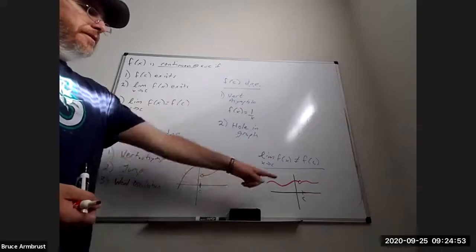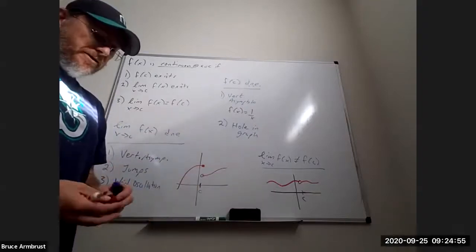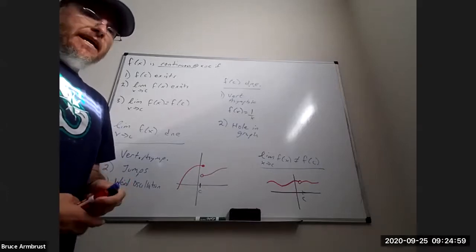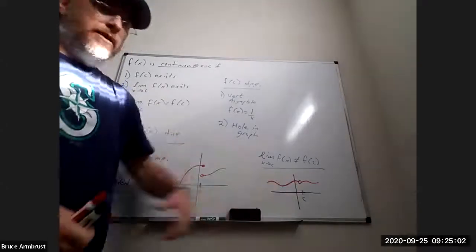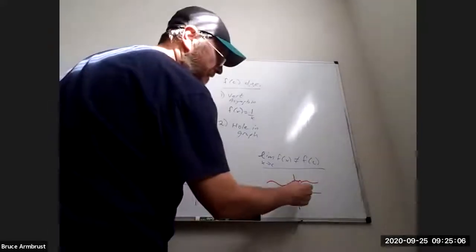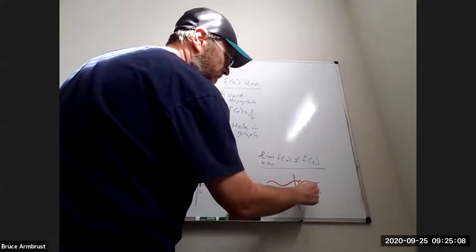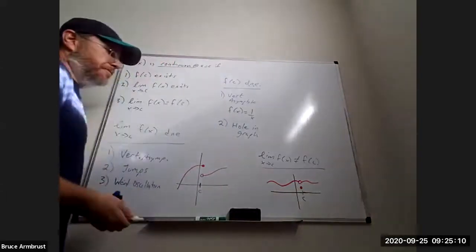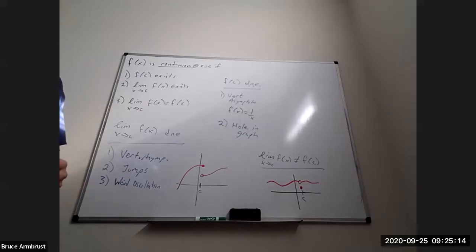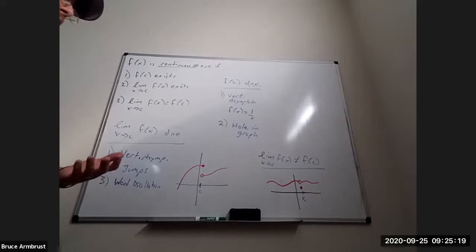But we also need the function to actually exist there, which means there has to be a dot when x equals c. It's just I can't have that dot be at this hole. That dot would just have to be somewhere else. So I don't know, something like that. So this is what that kind of discontinuity would look like, where there is a hole in the graph, and then either above or below that hole is a dot for the function.